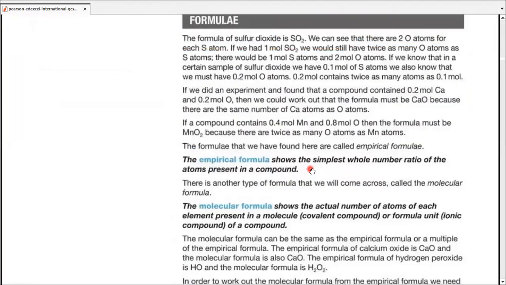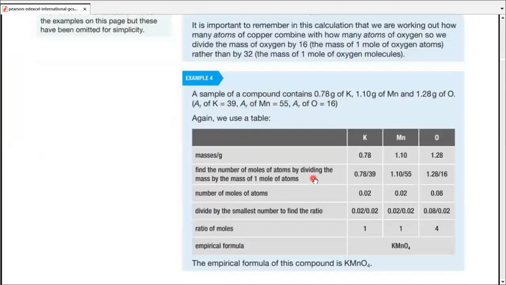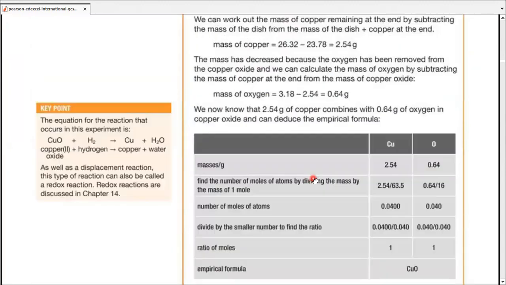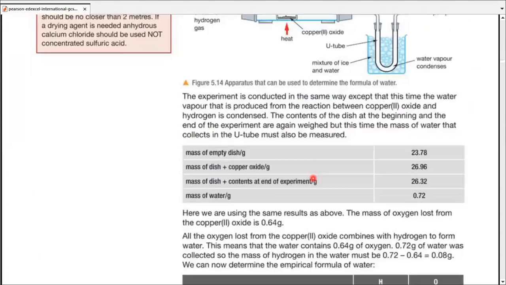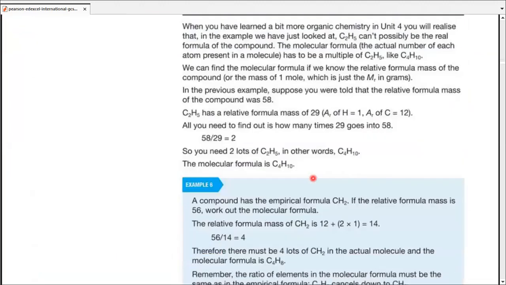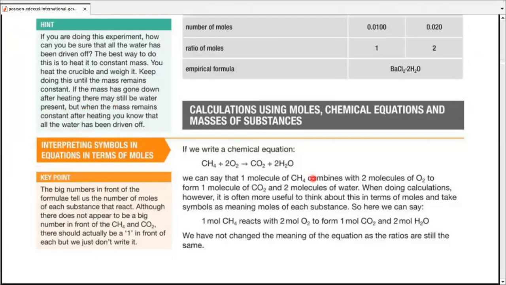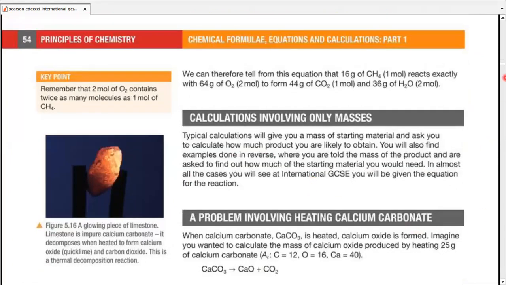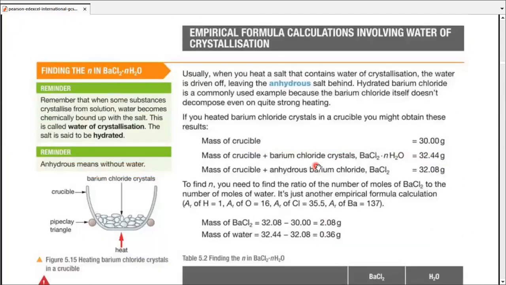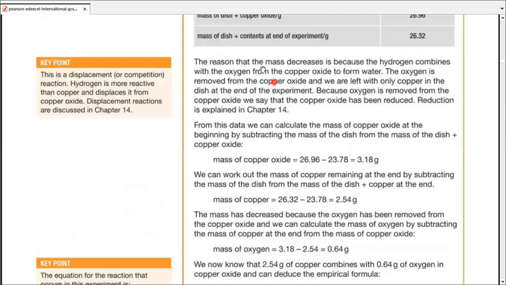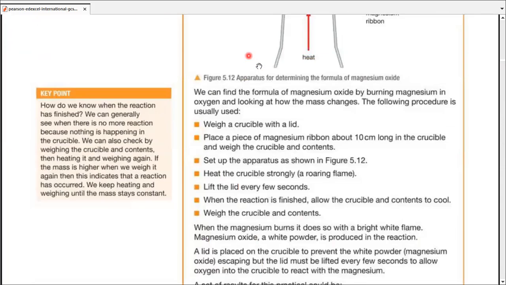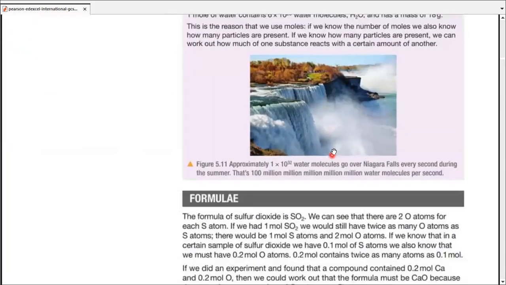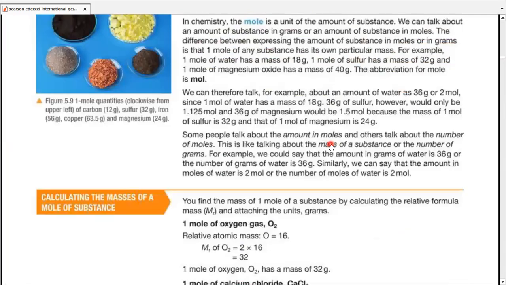Before mole, yeah, it's a little after in this book. Okay, let's start with moles. Let me get back to the place where mole was.